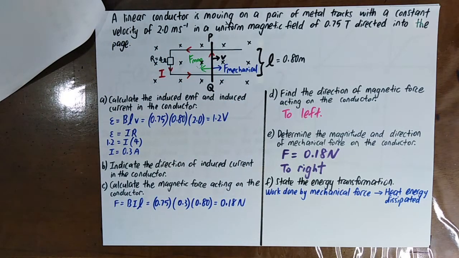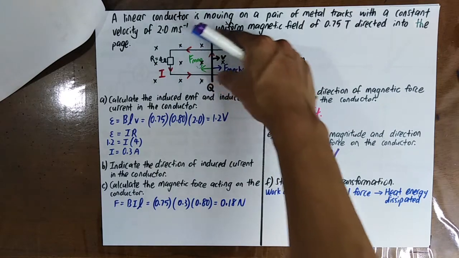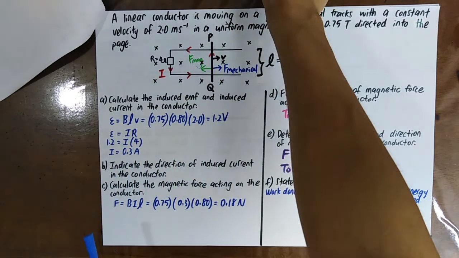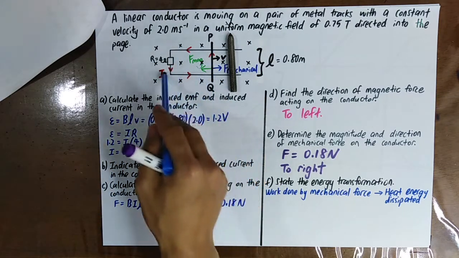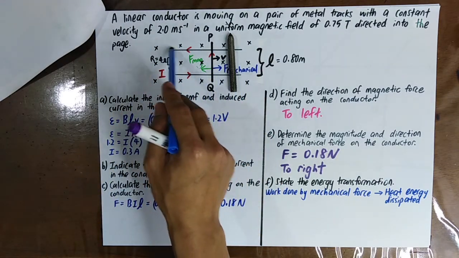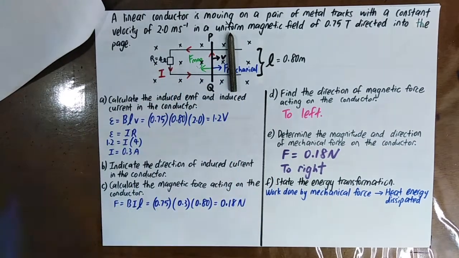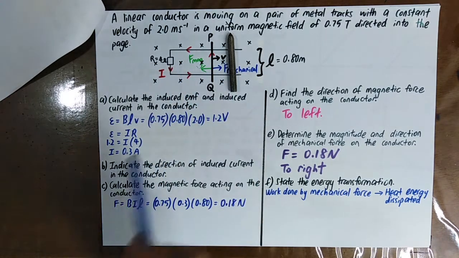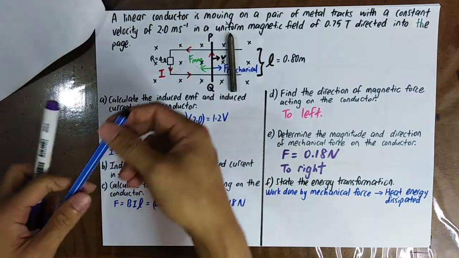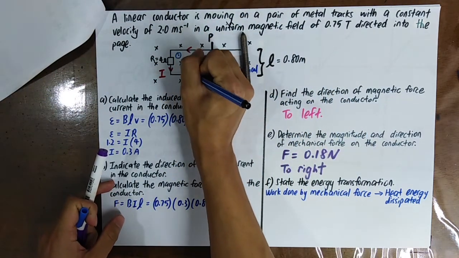But if you consider this whole loop, when the rod is moving from here to here, the original area is like this, but ultimately the final area is like this. So the area of the conducting loop increases, and the magnetic flux linkage with the loop increases. According to Lenz's law, the direction of the induced magnetic field must be out of the page.